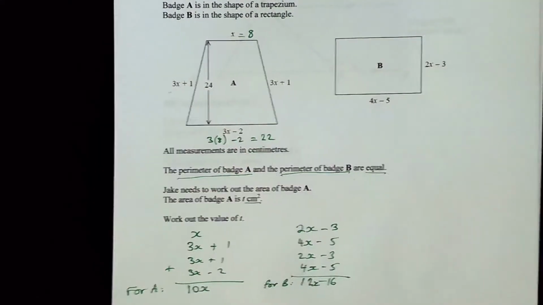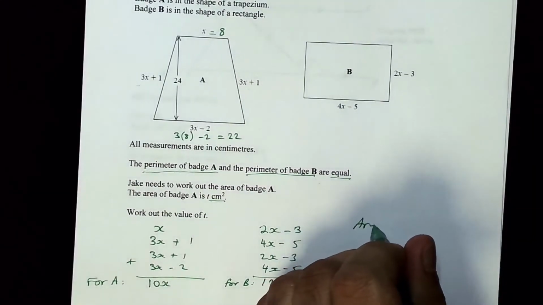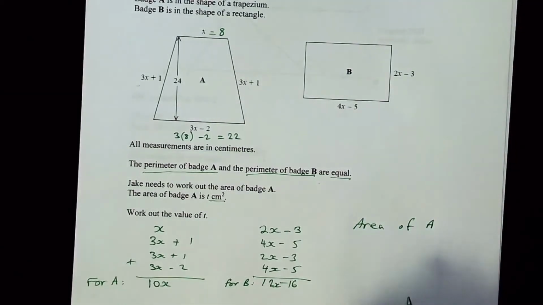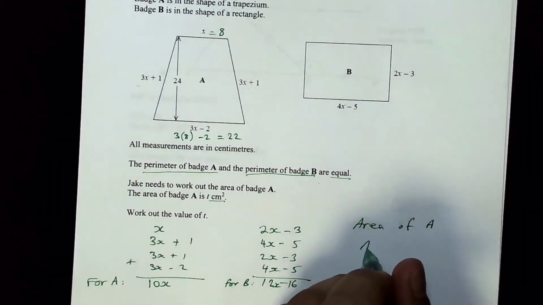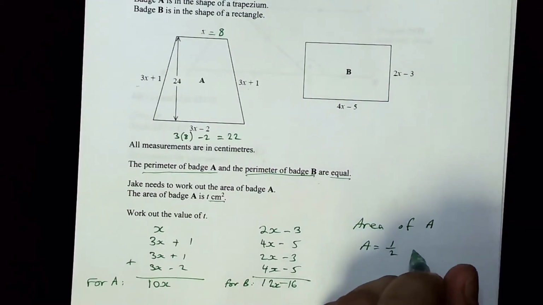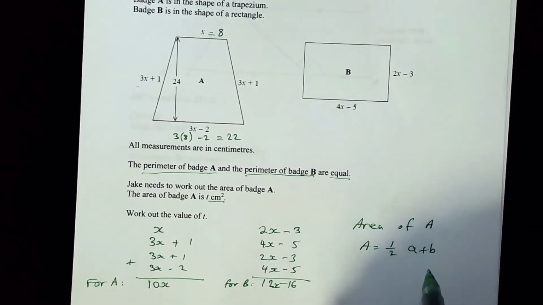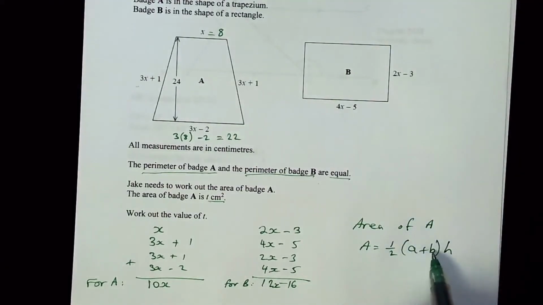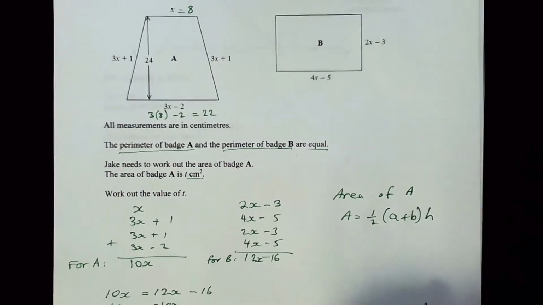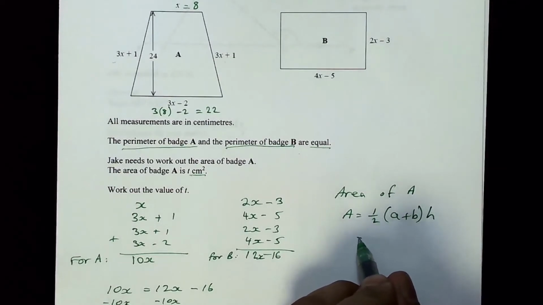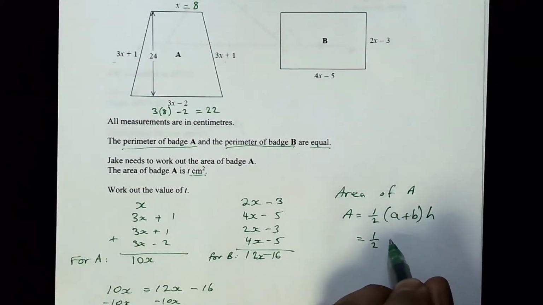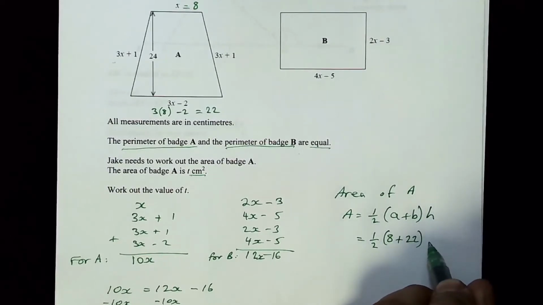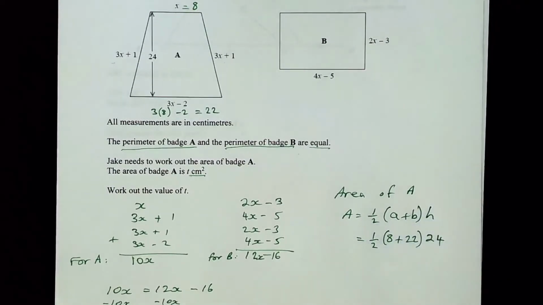So now the area of A, and I'm going to use the area for a trapezium, so the area equals half (a plus b) times h, where a and b are the parallel sides. So in our question, this is equal to half of (8 plus 22) times the height, which is 24.